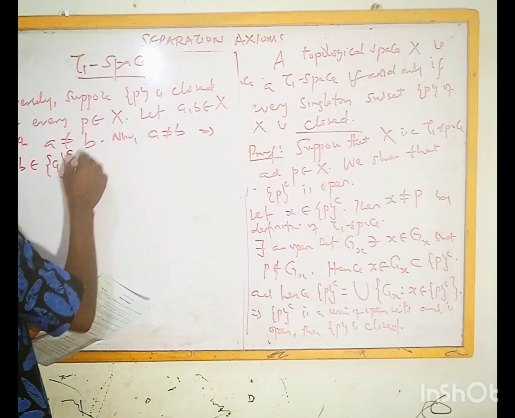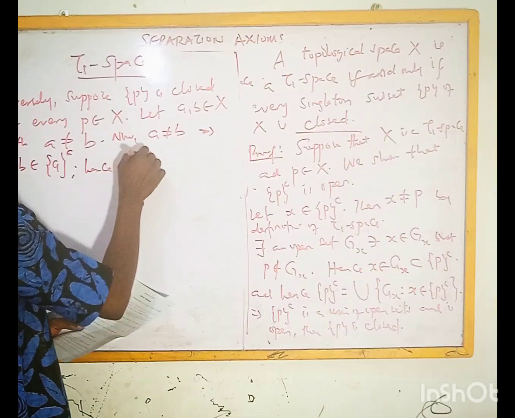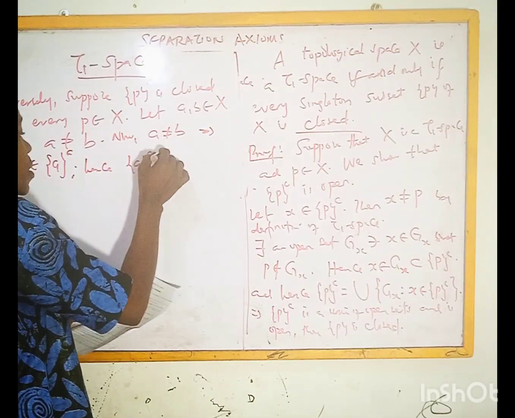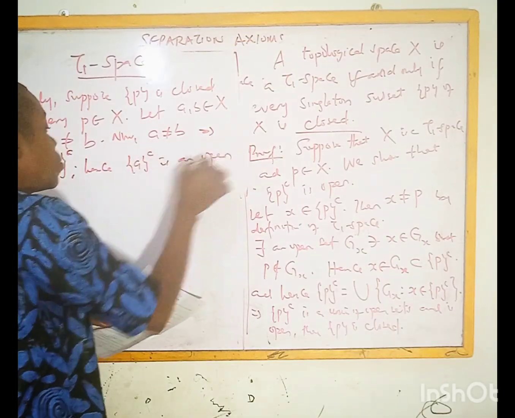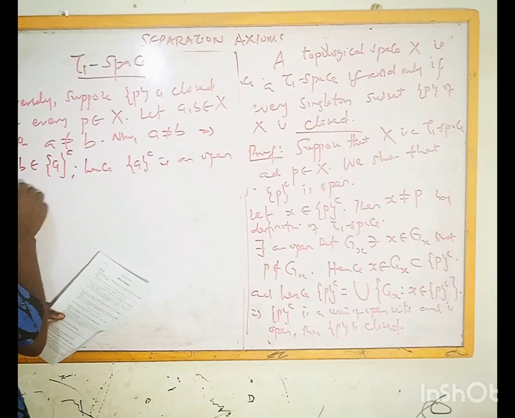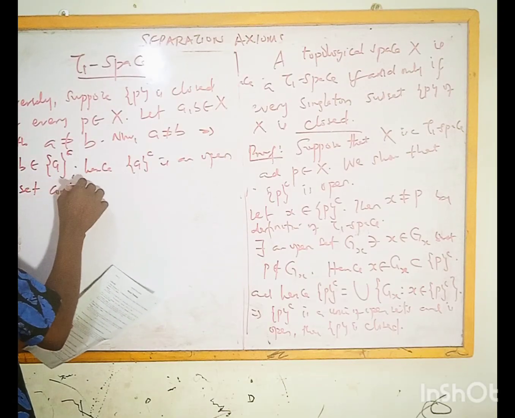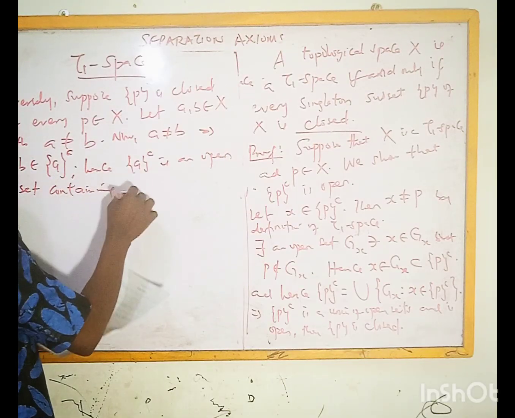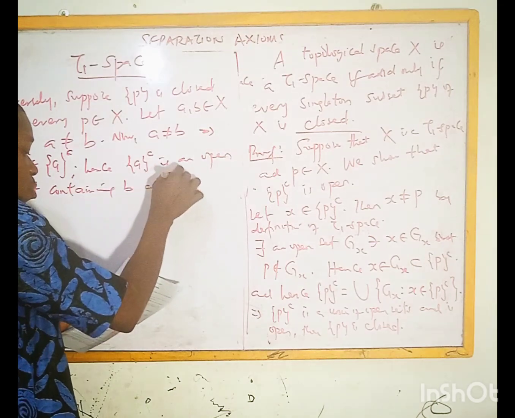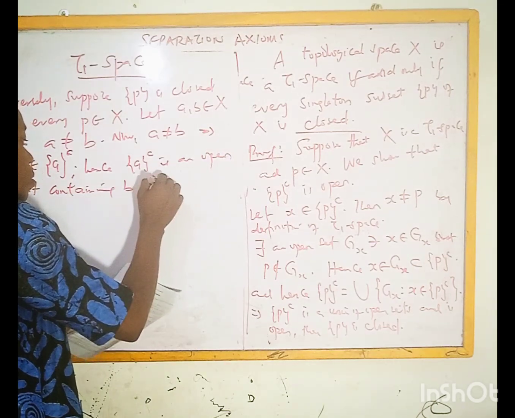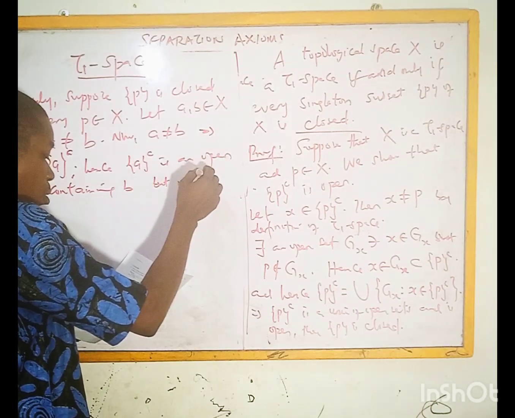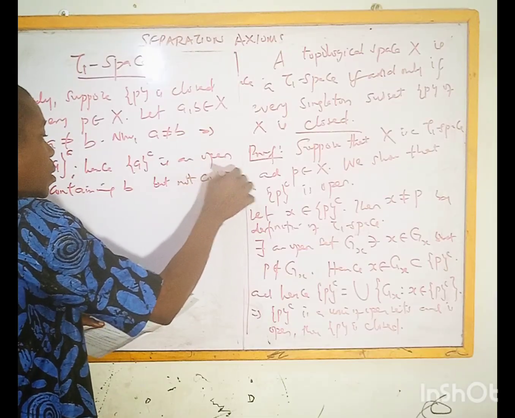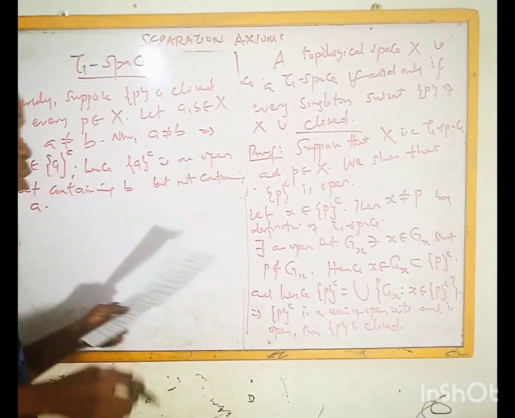So hence I can pick this C, which is an open set containing B but not containing A.